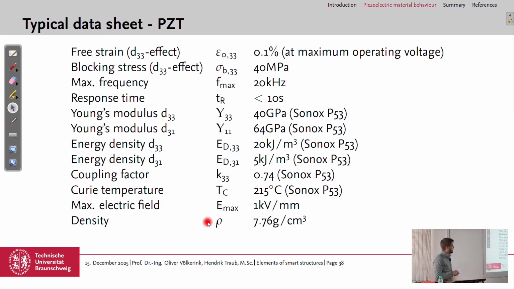Maximum electrical field is 1 kilovolt per millimeter, lower than we saw in the plots before, but this is a different material. The density is around 7, close to steel. But you can see that with these stiffnesses, or Young's modulus, it's still usable as a structural material, and therefore this is really a multifunction material because we have the piezoelectric effect, and it's also capable of bearing some loads.